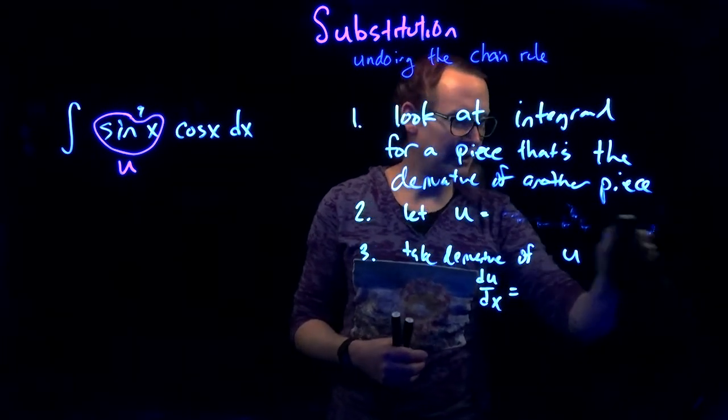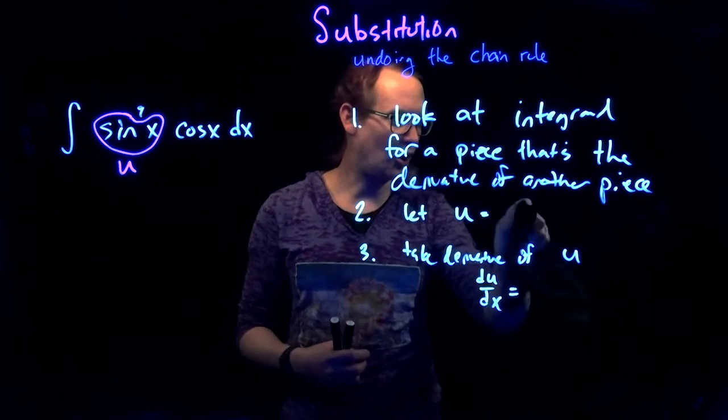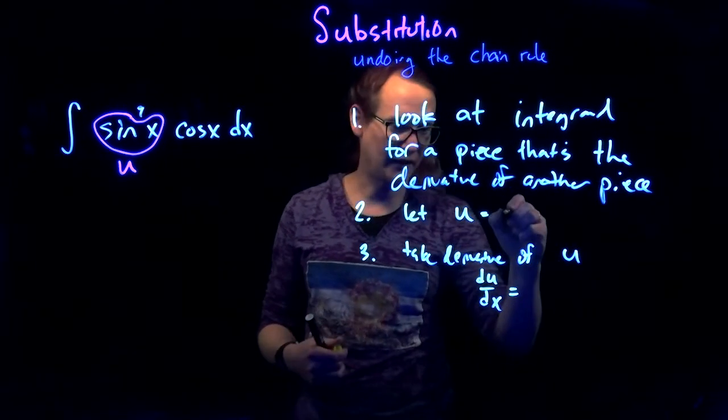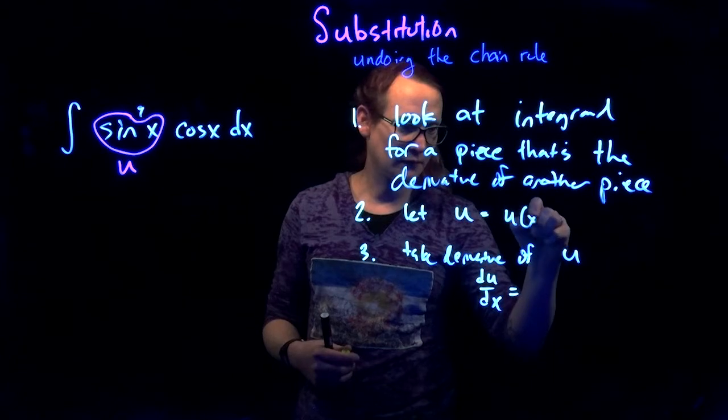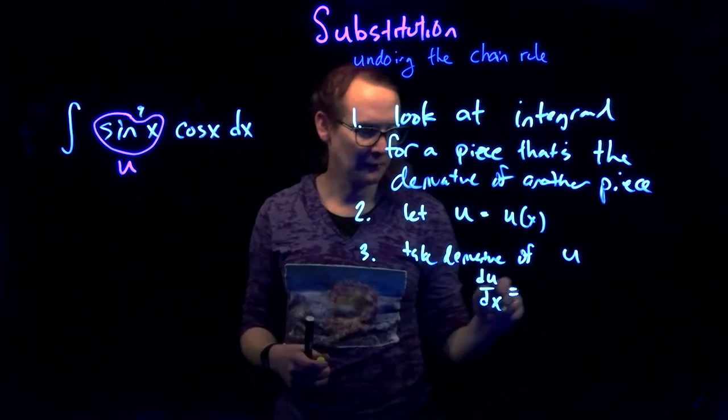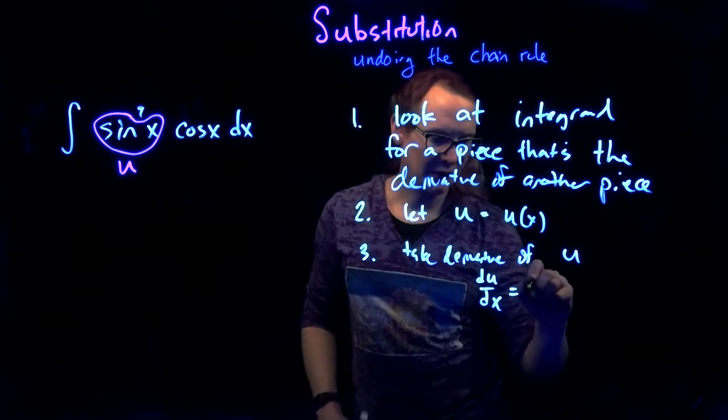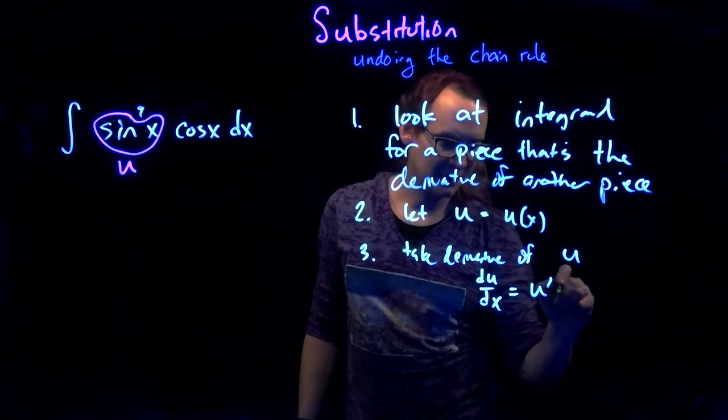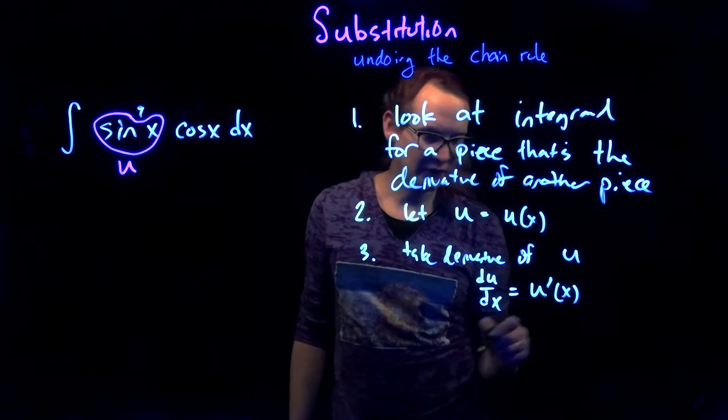So we're going to let u be equal to, let's call it u of x. Okay, so this is going to be u prime of x.